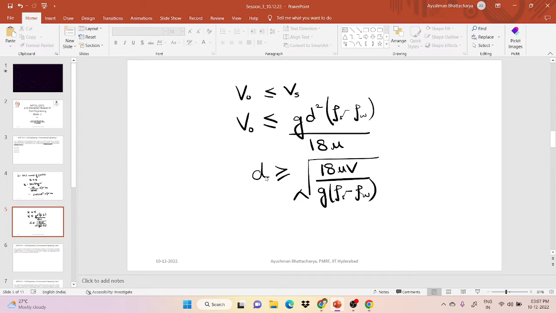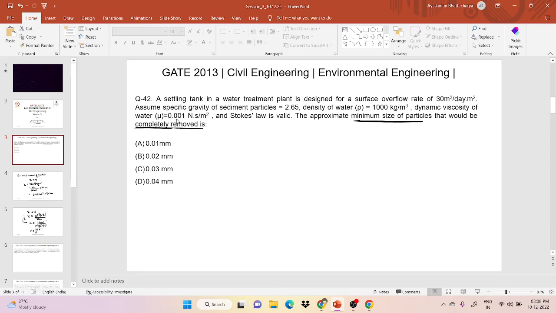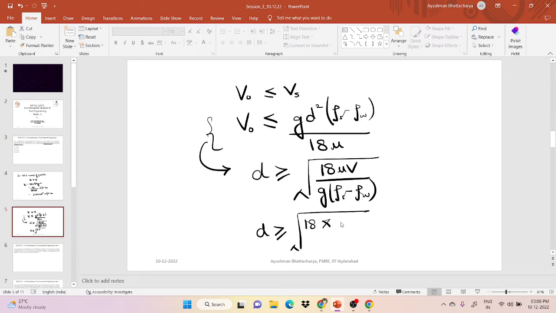So now d should be greater than or equal to the square root of 18 into the dynamic viscosity, which they have given as 0.001, into the overflow velocity we also calculated, which is 3.74 into 10 raised to the power minus 4.